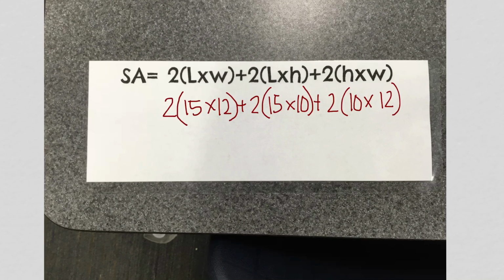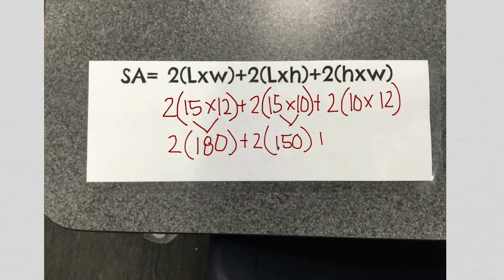All right. Now I need to find out what 15 times 12 is. So what's 15 times 12? 180. Now bring everything down, please. Okay. What's 15 times 10? All right. And then bring everything down so you don't forget anything. And what's 10 times 12?